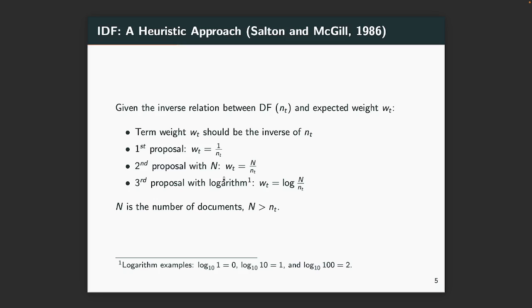So with this, we hope to find some middle ground. Perhaps we can dampen the difference between the weights of the different terms. So in the third proposal, we can use functions such as the logarithm to dampen the difference.